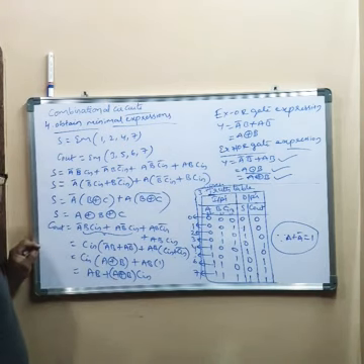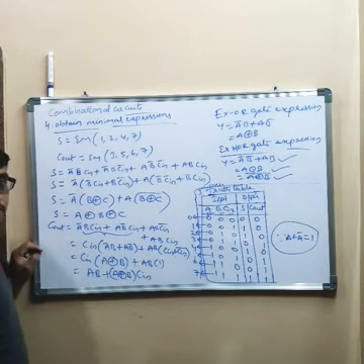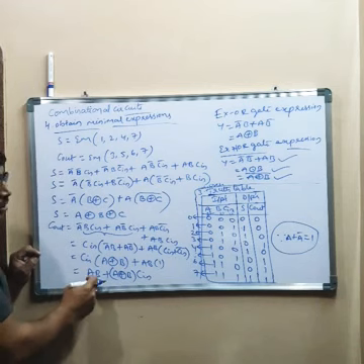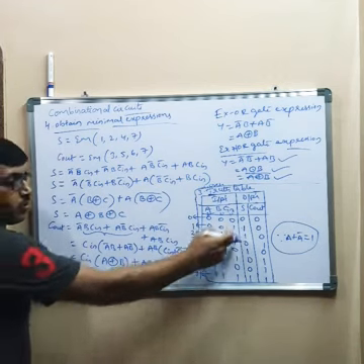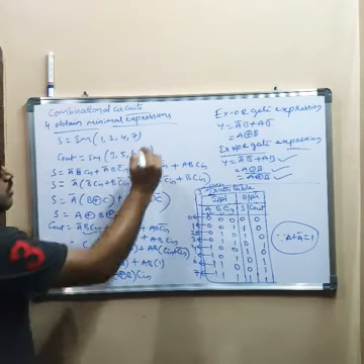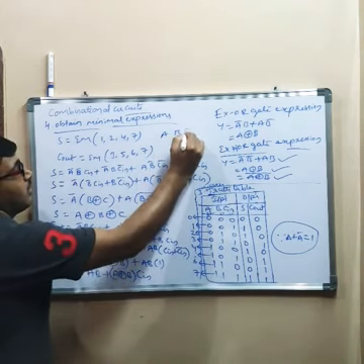Now you take any combination and substitute it in these output expressions, and you will get the outputs. Suppose, for example, I take 0, 1, 1 as A, B, C in.